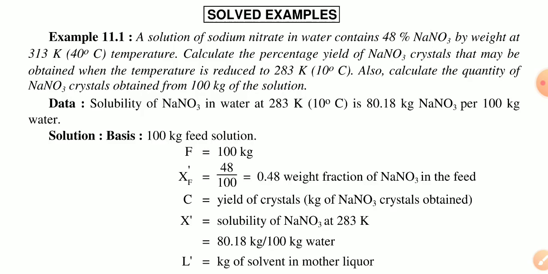Also calculate the quantity of NaNO3 crystals obtained from 100 kg of this solution. The solubility of NaNO3 in water at 283 Kelvin, 10 degrees Celsius, is 80.18 kg NaNO3 per 100 kg of water.